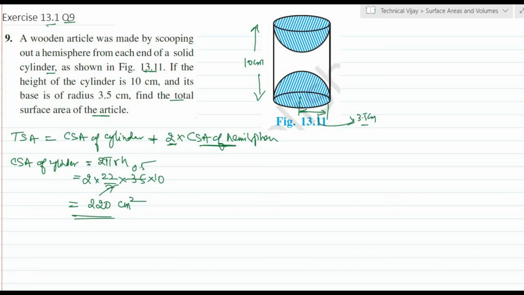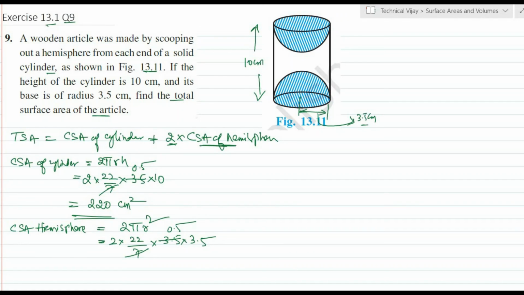Now we have to calculate the curved surface area of the hemisphere. We will calculate one hemisphere first. This is equal to 2 pi r square. So this is equal to 2 into 22 divided by 7 into 3.5 into 3.5. 7 ones are 7, 5s are 0.5.